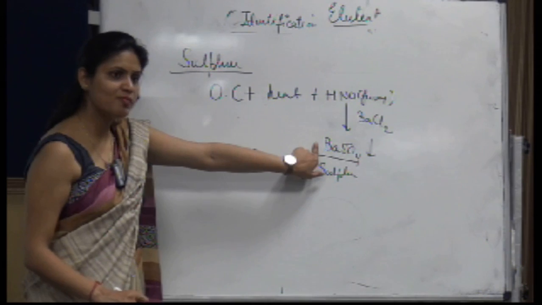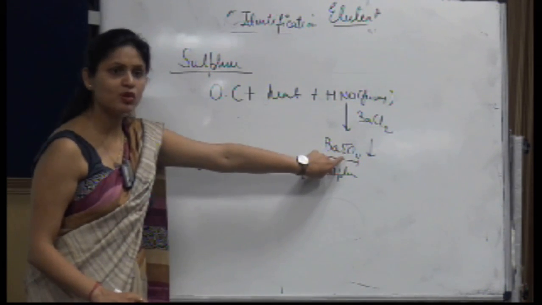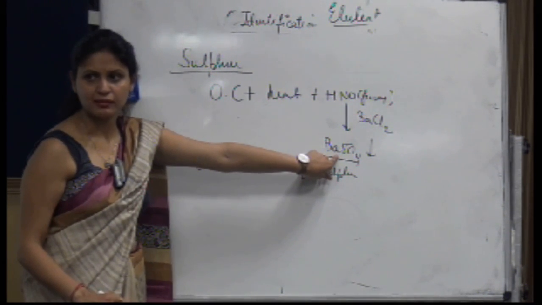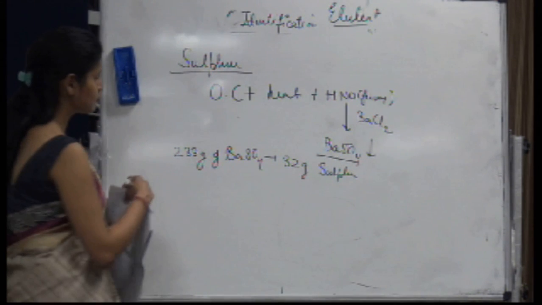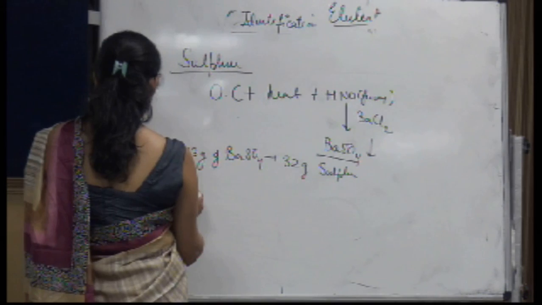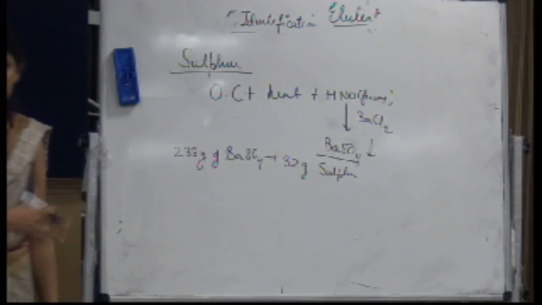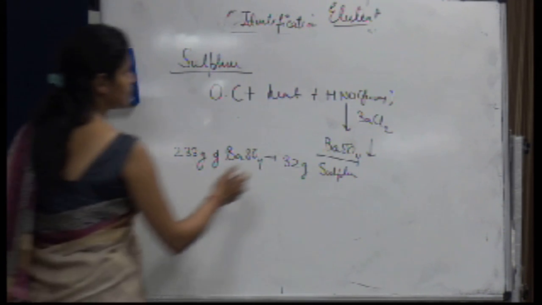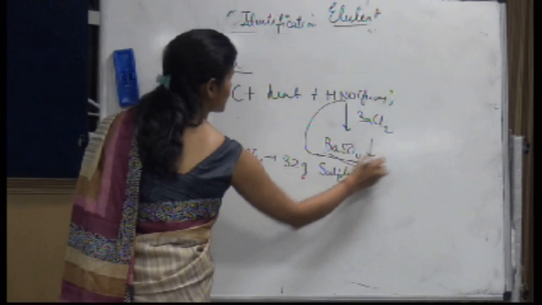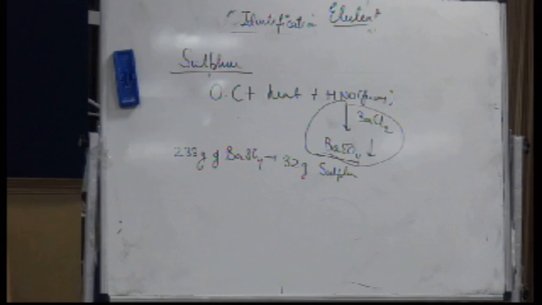For 1 mole of barium sulfate, you will get 1 mole of sulfur. So similarly, you can proceed with the same numerical for sulfur also. Only this step has been changed. In halogen, you added silver nitrate, but in this step, you added barium chloride.